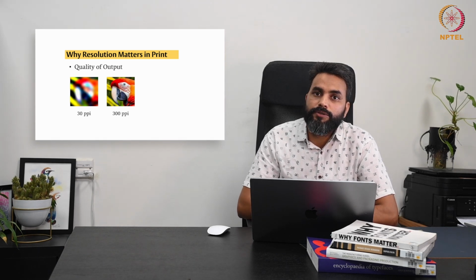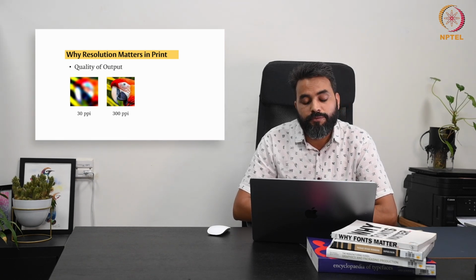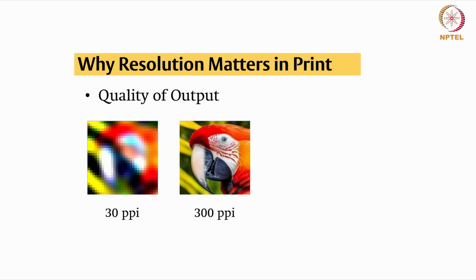Whereas high resolution images maintain the fine detail, ensuring sharp and crisp visuals. This is one example we saw earlier as well. If it is 30 ppi, the image is pixelated, whereas in 300 ppi, the image quality is very different and it is very sharp and clear.